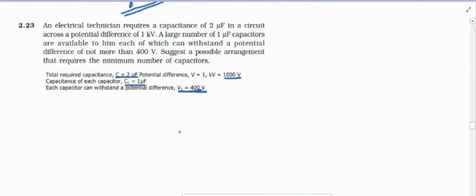We know how you can make a 2 microfarad capacitor from 1 microfarad capacitors. It's very simple. You take 2 capacitors of 1 microfarad and connect them in parallel, so you will get 1 plus 1, a 2 microfarad capacitor.